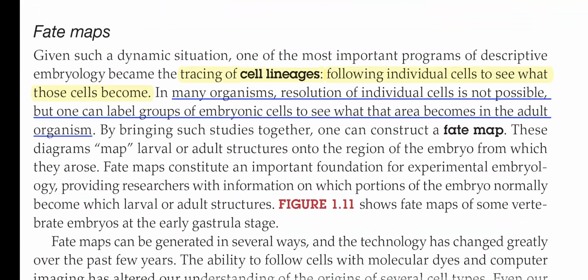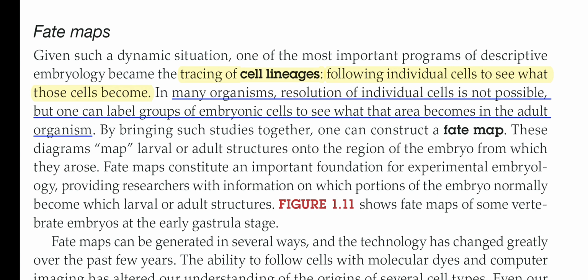So the fate maps, that's what I'm talking about. It's not like a geographical map, rather it is a map of lineages. That means one cell divides into another cell, then another cell.